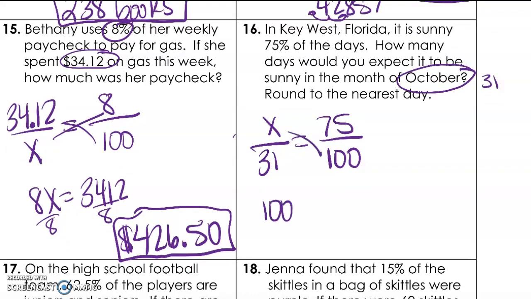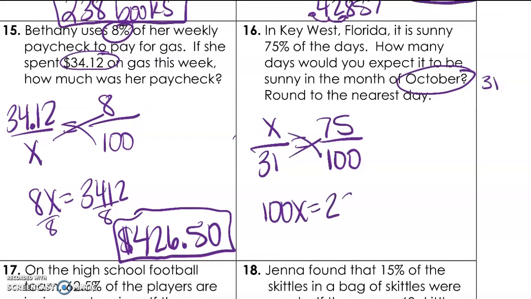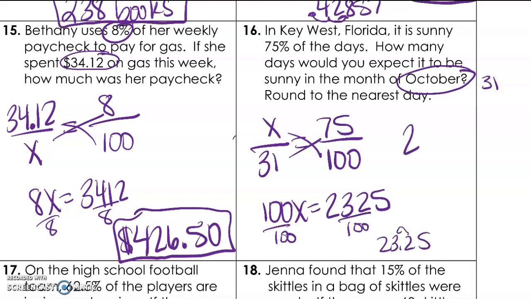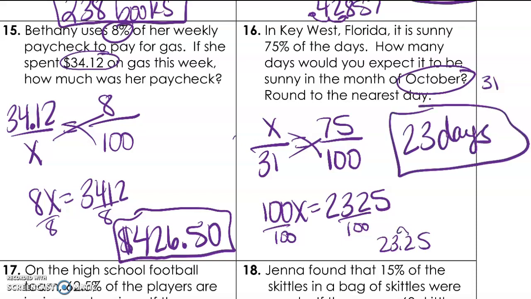So 100x is equal to 2325. So when I divide by 100, I'm going to get 23.25, and it said round to the nearest day, so this 2 tells that 3 to stay. So 23 days would be our answer for that one.